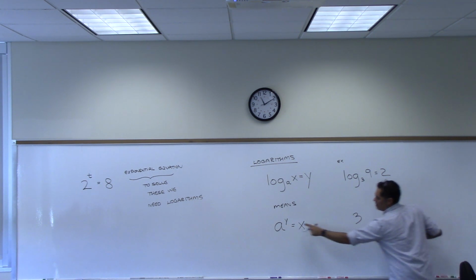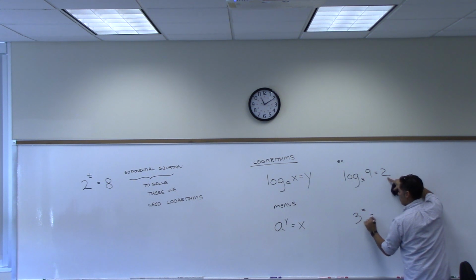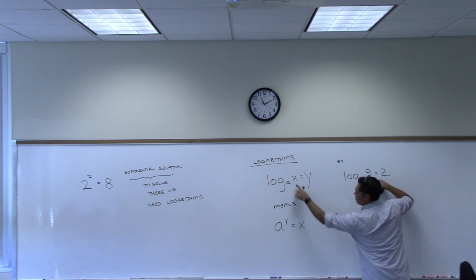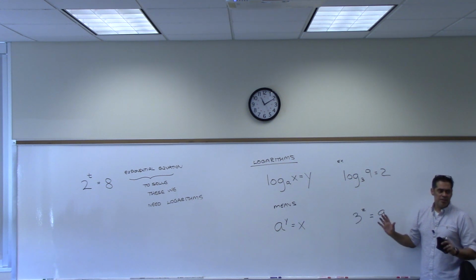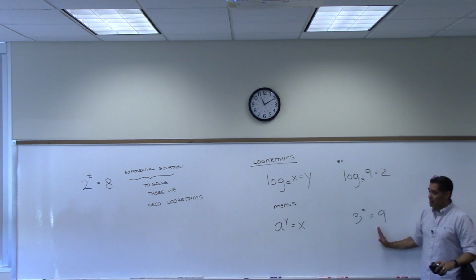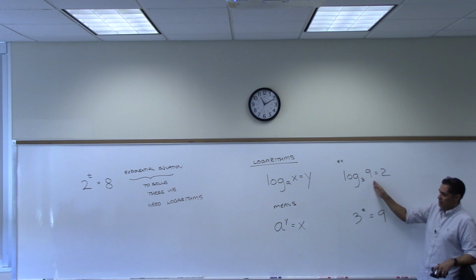Okay, raised to the y, what's y for us here? 2 equals the x here, which is the 9. Do y'all believe that that's true? Yes. This is just another way of writing this. That's all it is. It's just different notation. So instead of writing this, I can write this. Okay?